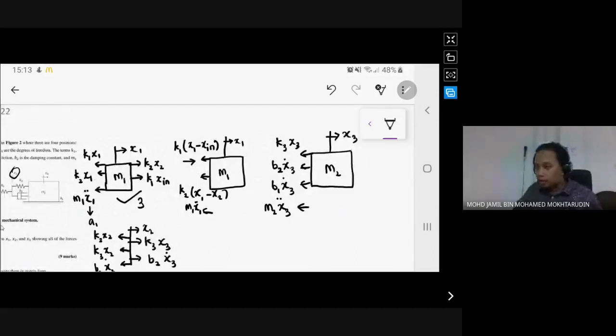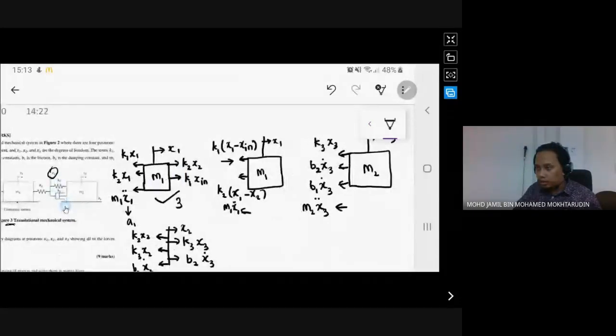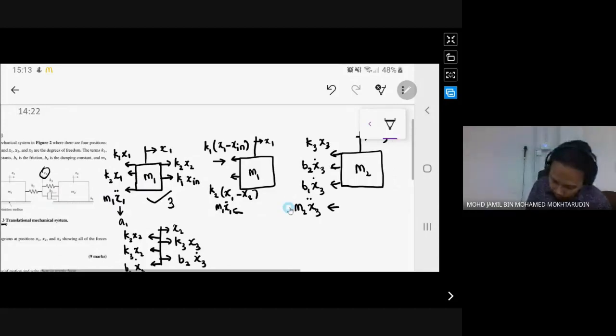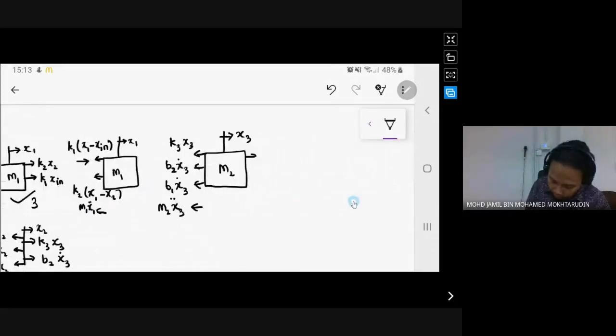And then you need to look for these two elements because these two are also connected to X2. So it will produce forces acting forward. Okay, so the first one is K3 X2, and then second one is B2 X2 dot.